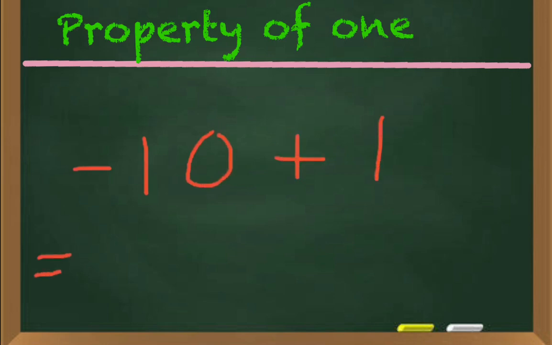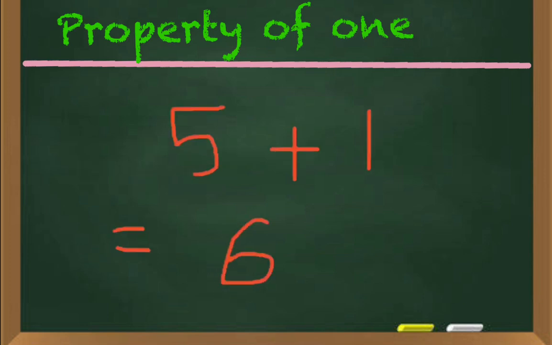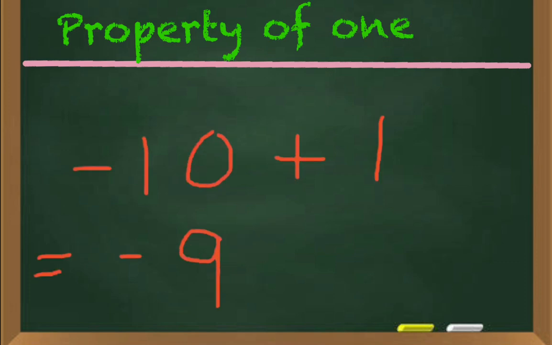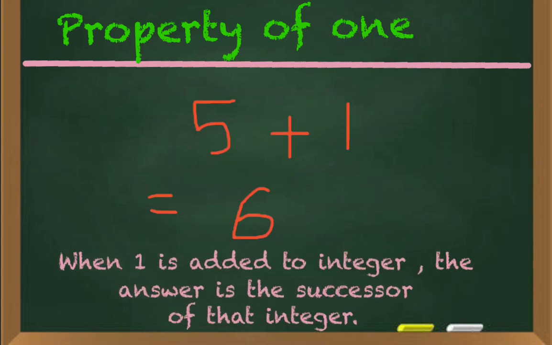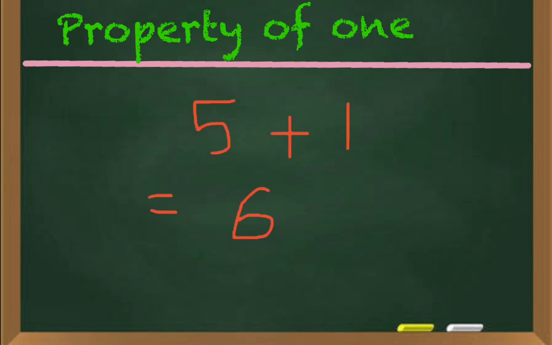So I am getting minus 9 as the answer. So what can you observe in these examples? You can observe that the successor of 5 is 6. The successor of minus 10 is minus 9. That means that when 1 is added to any integer, we get its successor. So this is known as the property of 1.